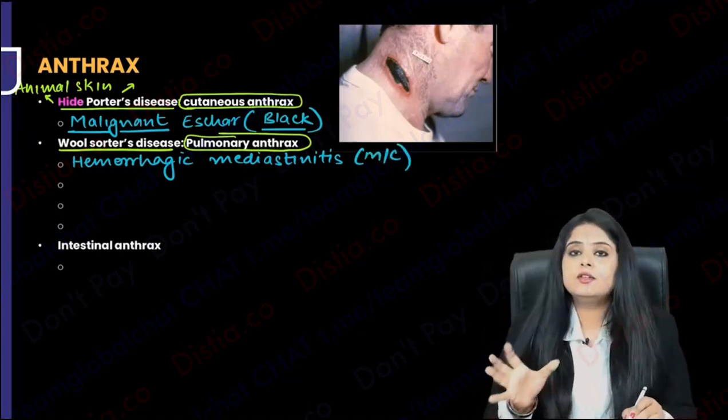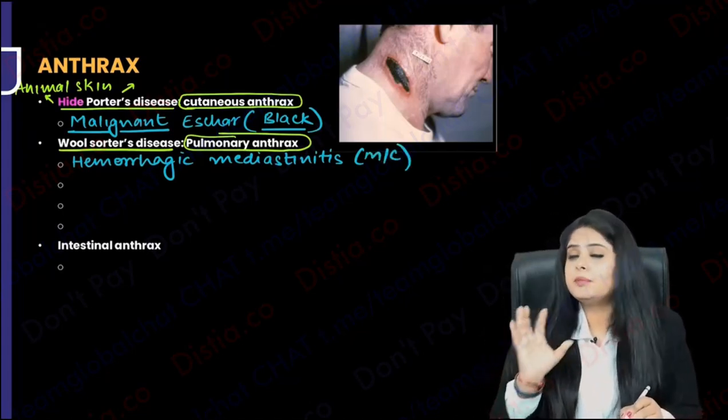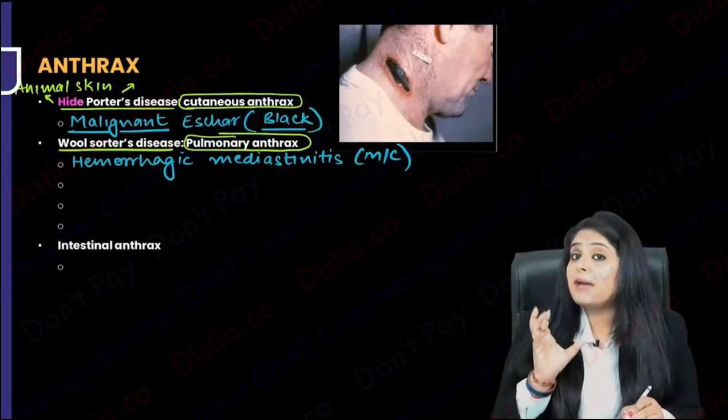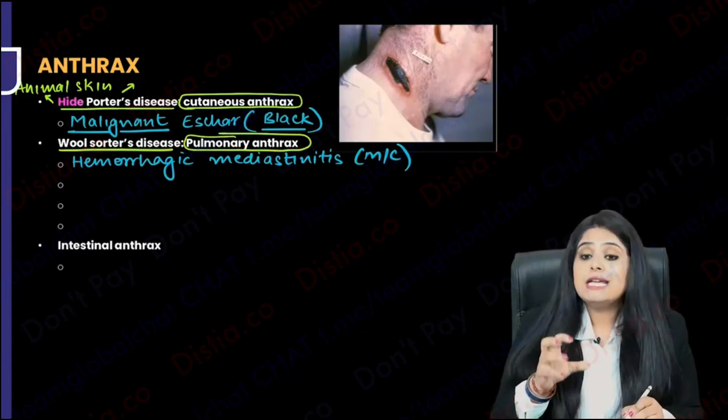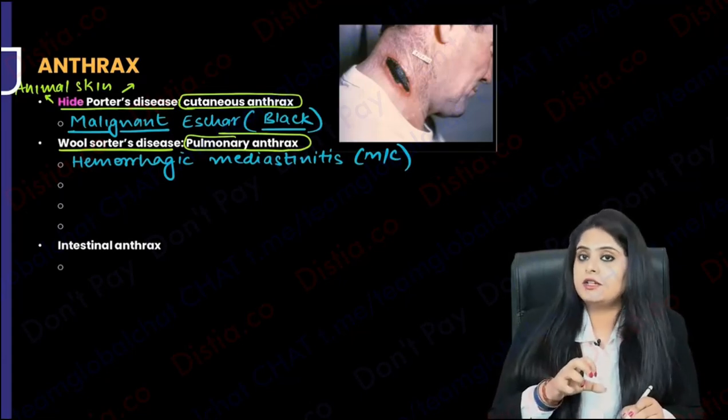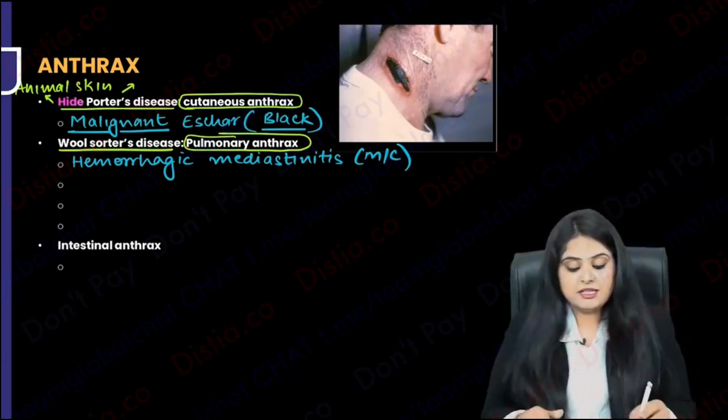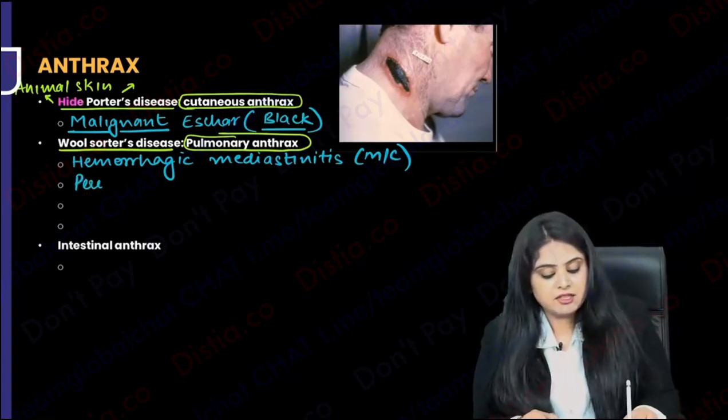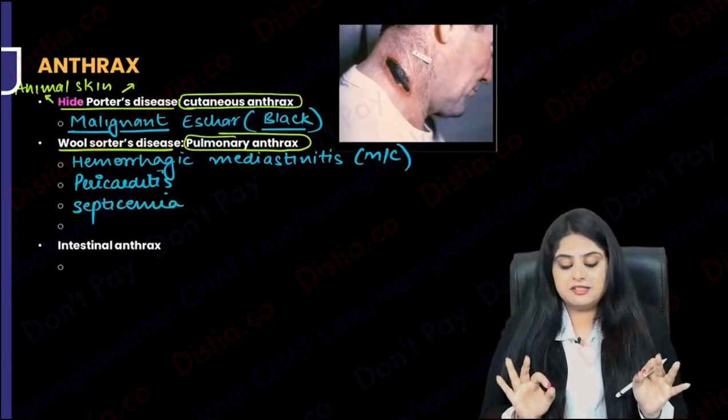Actually, earlier it used to be said that the lungs are affected. Per se, the lungs are not affected. It's not the parenchyma of the lungs that is affected. It is the mediastinal part that is affected over here. So remember, mediastinitis. And from there, of course, we can have other complications. There can be pericarditis. There can be septicemia. So all other complications are definitely possible, but hemorrhagic mediastinitis.